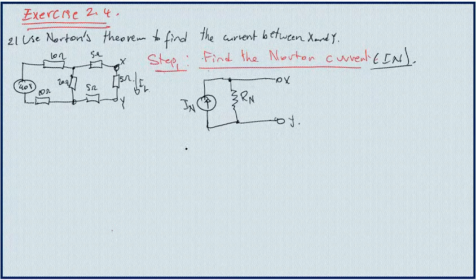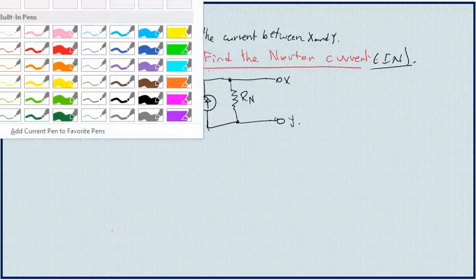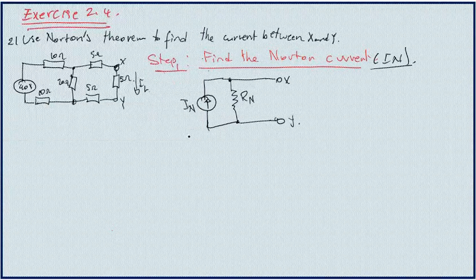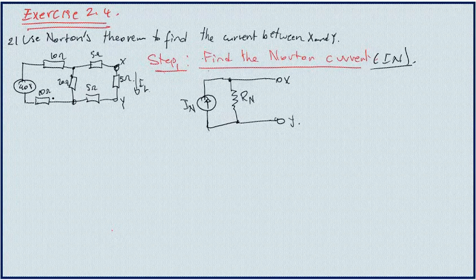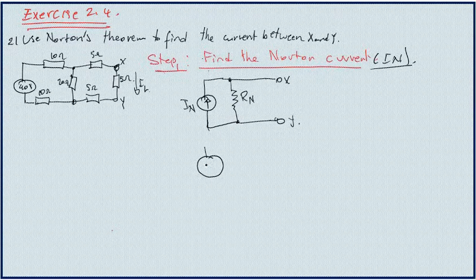To determine the Norton current, we need to close the load. So if I represent this circuit here, I need to have a load that is closed.